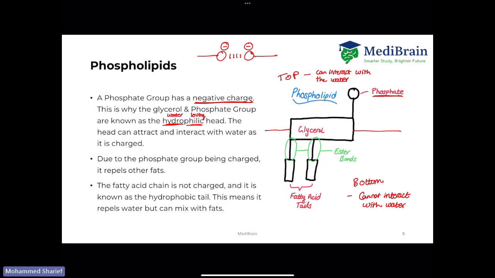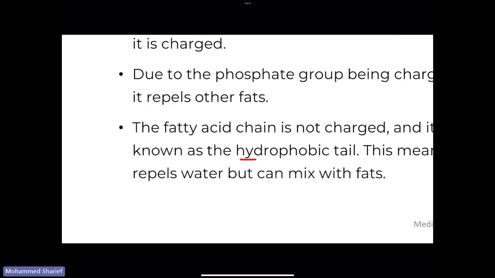The fatty acid chain, on the other hand, this bottom part is not charged. Because this bottom part is not charged, it's known as the hydrophobic tail. Now, you might be introduced to new words over here, hydrophobic, hydrophilic. But hydro means water. Phobic, if you have a phobia of something, you don't like it. You're scared of it.